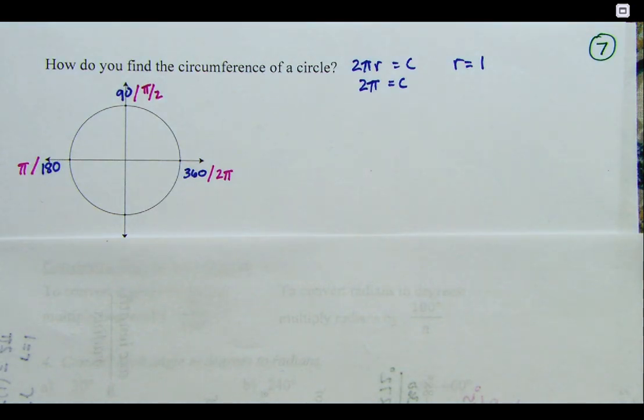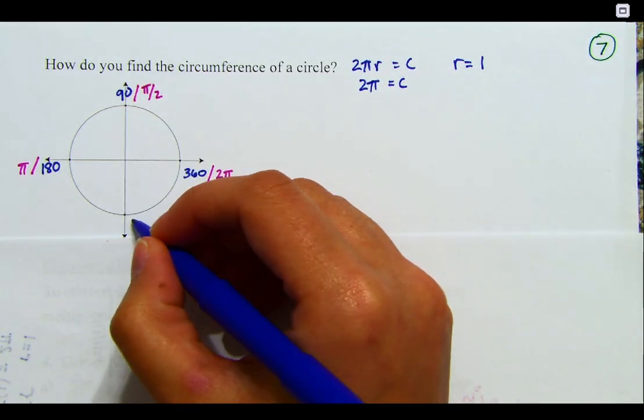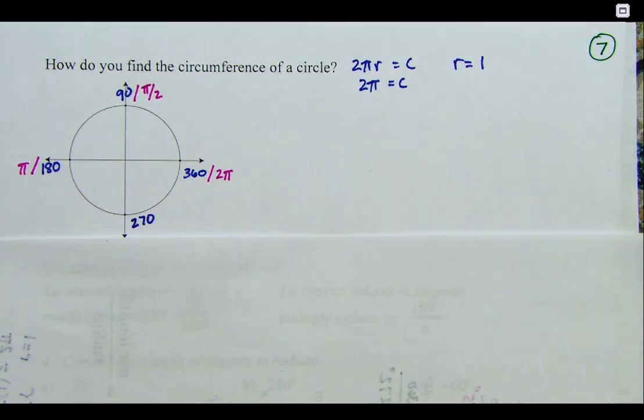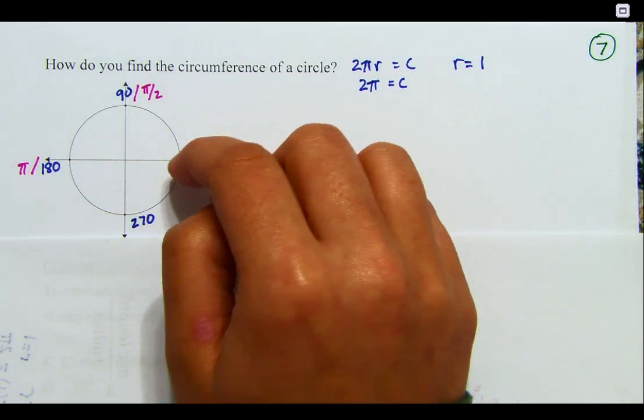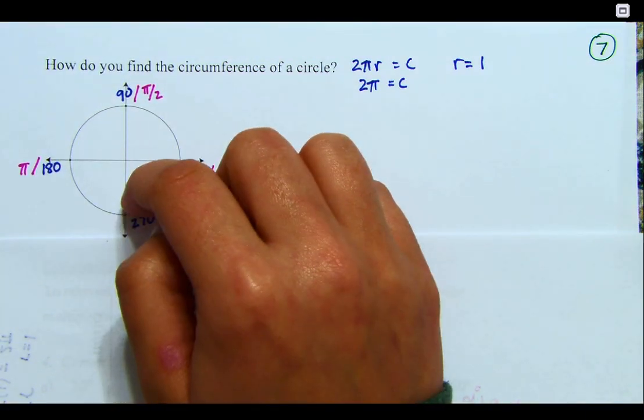Now, let's say I am at 270 degrees. How do you think we could figure out that radian? Okay. Well, at that point, we would just be adding. So I would have to take pi, that 180, and then I would add another quarter of a circle.